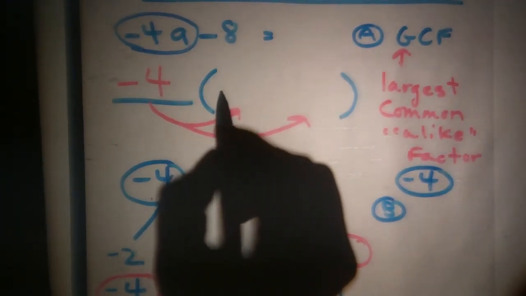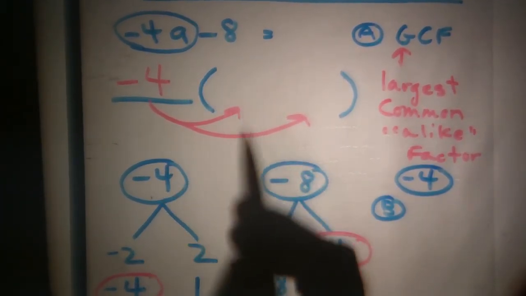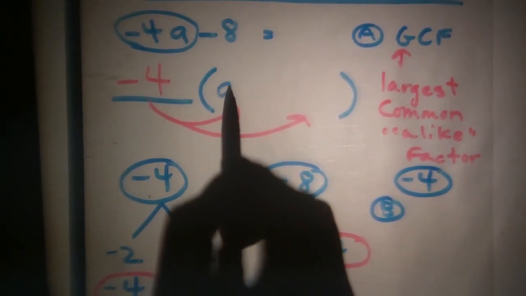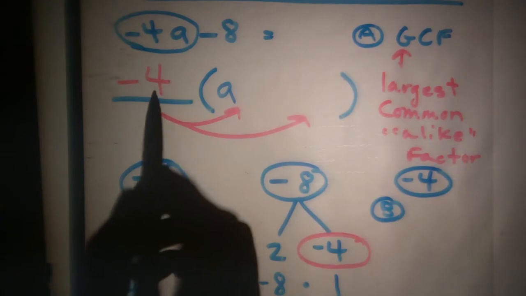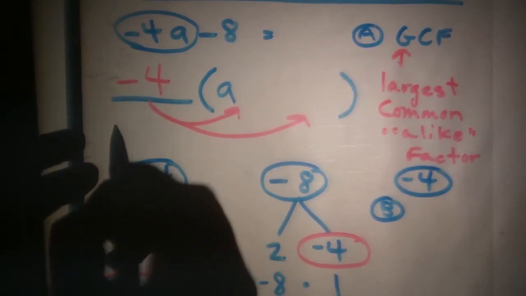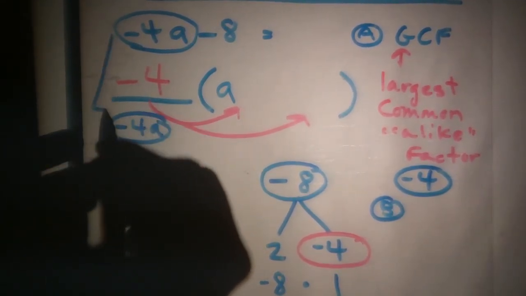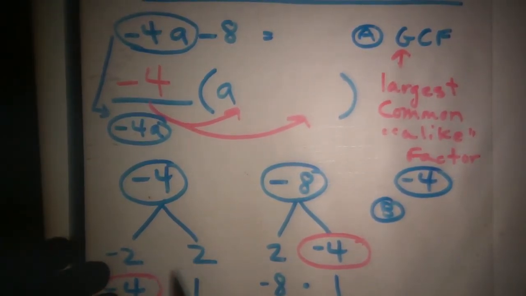Well, we know it's a 1. Do we need to write a 1? No. There's always that imaginary 1 there. But a, we need to put an a down here. Let's see. Negative 4 times a is negative 4a. Alright, that works. We have that right here. That's good. We're good to go there.